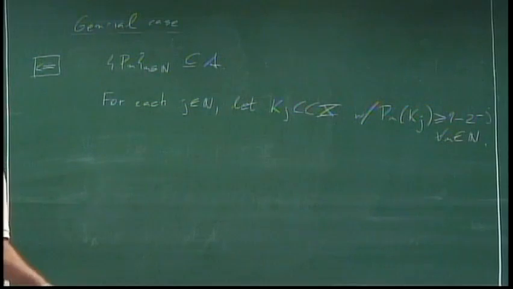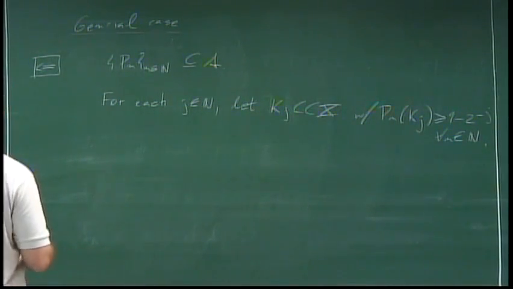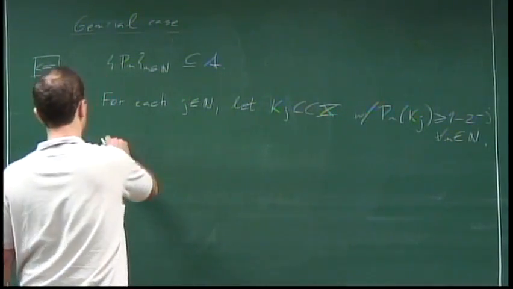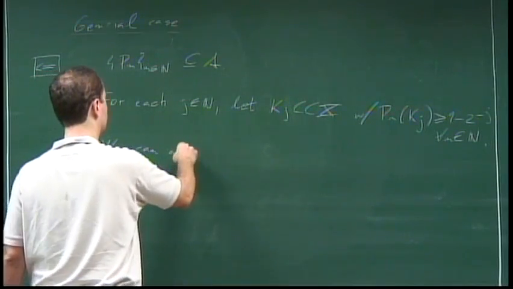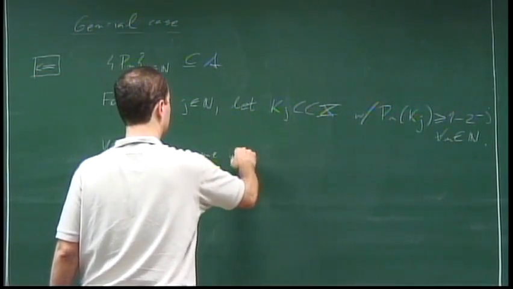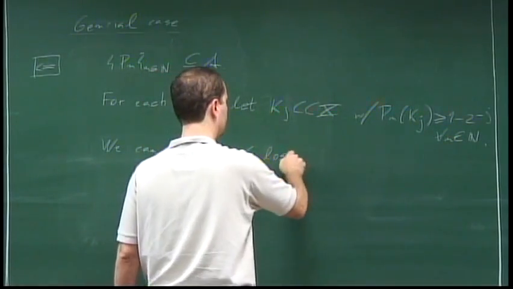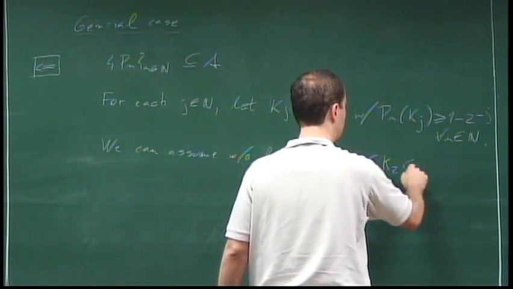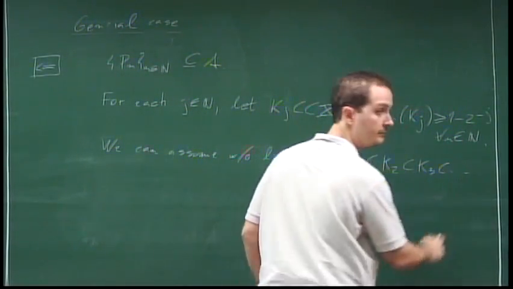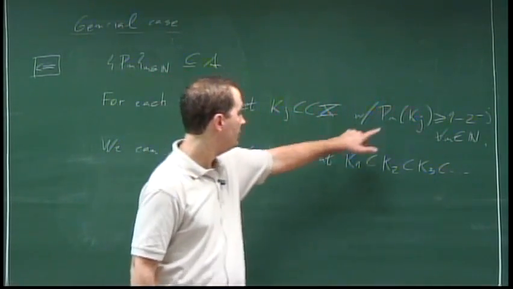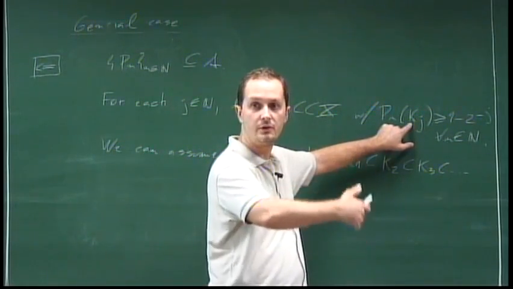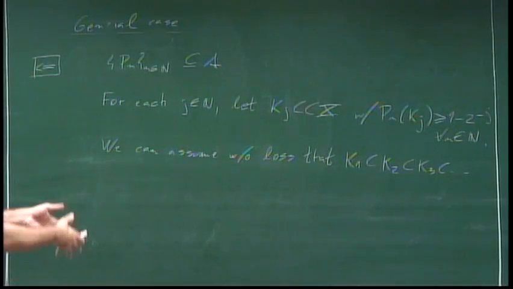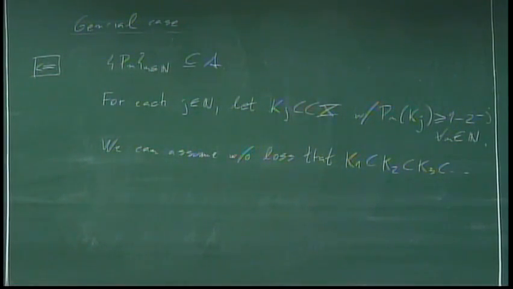And actually, we can assume without loss of generality that K1 is contained in K2, which is contained in K3, all the way, right? Because instead of putting Kj here, you can put K1 union K2 up to Kj, and it still satisfies this property. Right, so I can assume that it's a nested increasing sequence of compact sets.